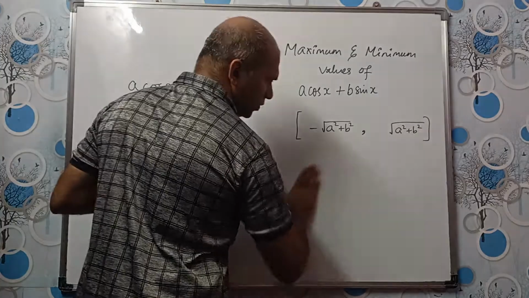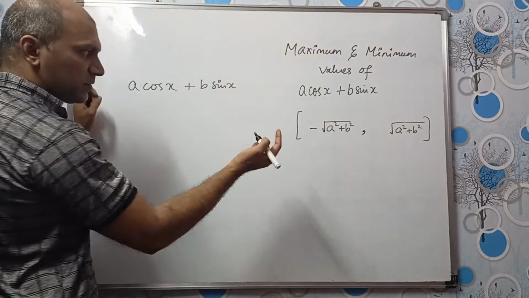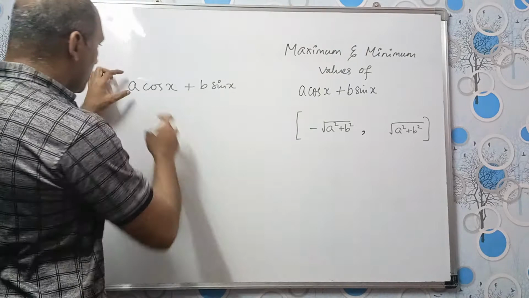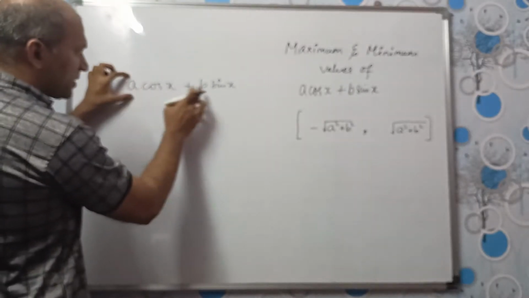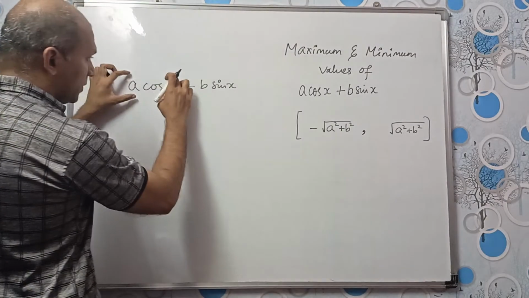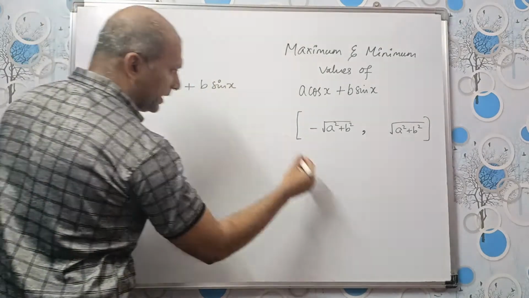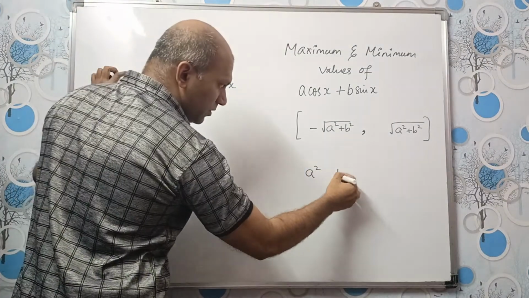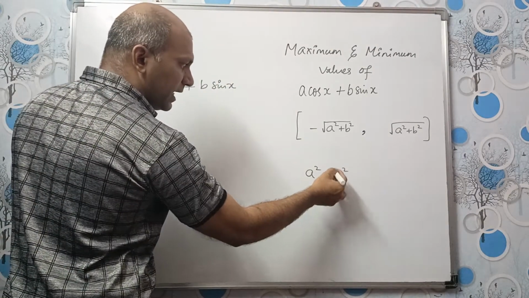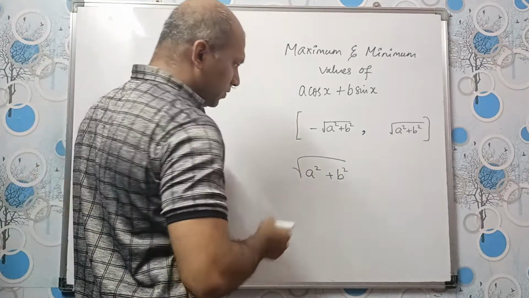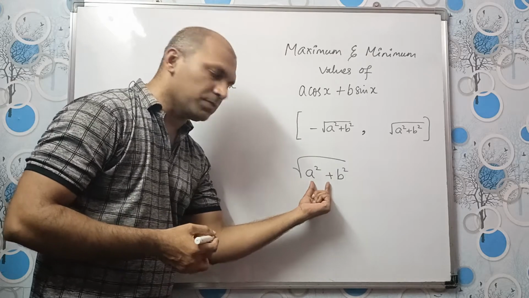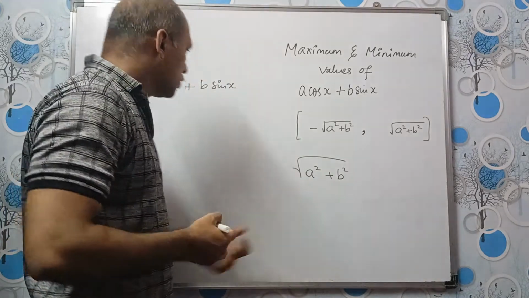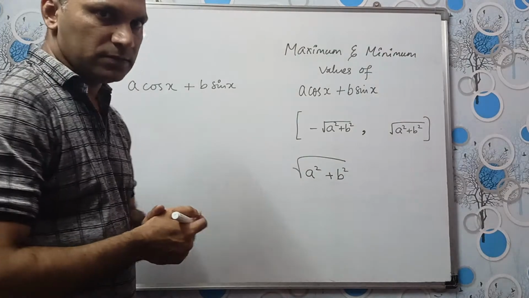To do that, as I explained in the previous video, we take the coefficient of cos x and the coefficient of sin x and square them. That is, we take a square, take b square, add them, and find the root of that. So root of a square plus b square should be multiplied and divided.